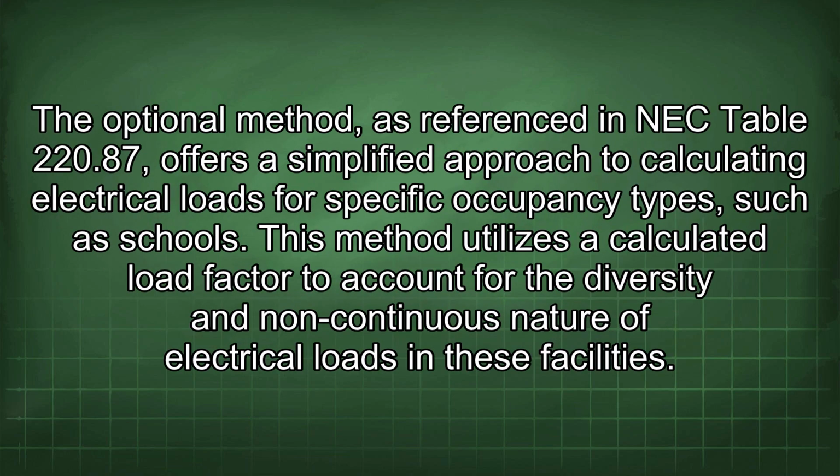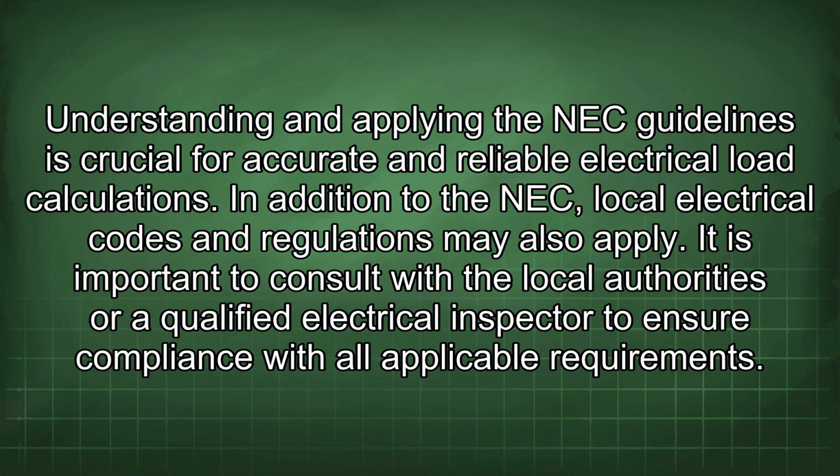The optional method, as referenced in NEC Table 220.87, offers a simplified approach to calculating electrical loads for specific occupancy types, such as schools. This method utilizes a calculated load factor to account for the diversity and non-continuous nature of electrical loads in these facilities. Understanding and applying the NEC guidelines is crucial for accurate and reliable electrical load calculations.